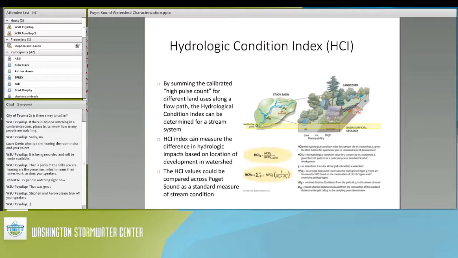And this can be compared across Puget Sound. It's based on a calibrated hydrologic model that sets up these coefficients. But once you have the high pulse coefficients, you can apply them anywhere within a similar geology type and rainfall type.